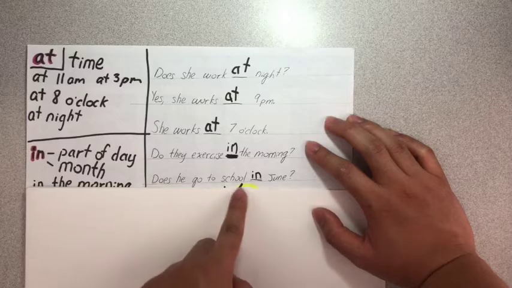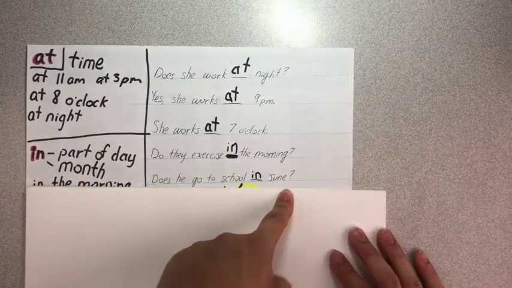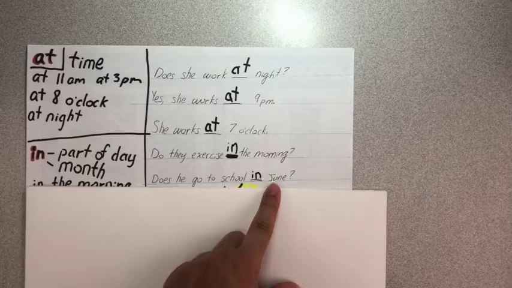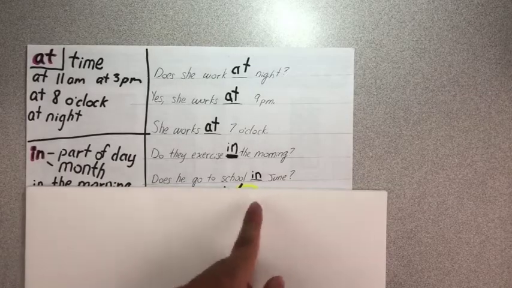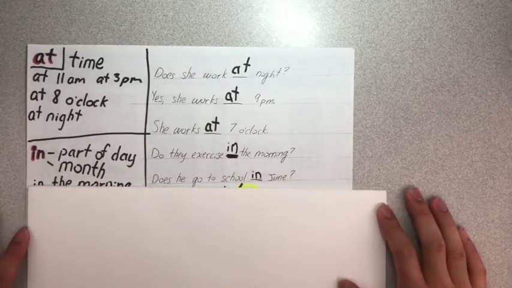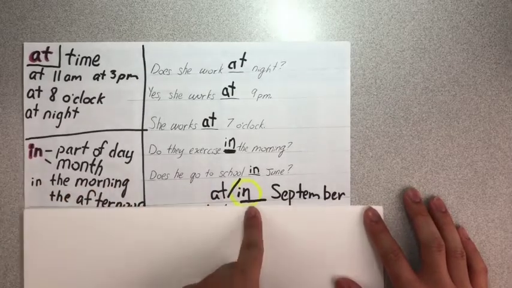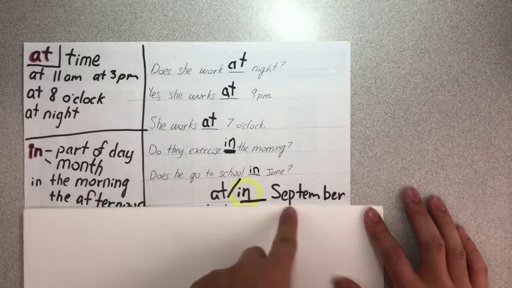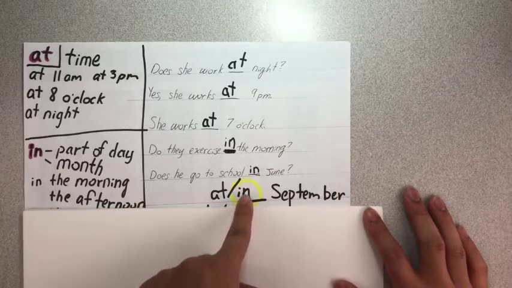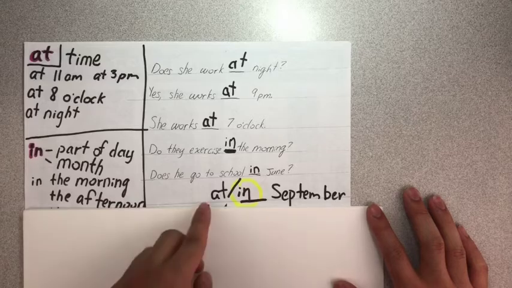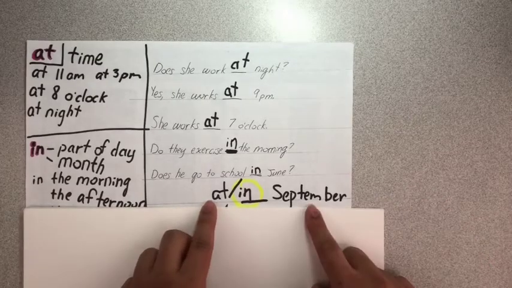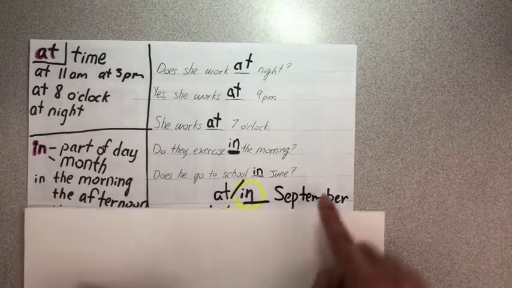Does he go to school in June? Here we have a month, so we use in. So between at and in, if we have a month, we use in September. We don't say at September, we say in September.